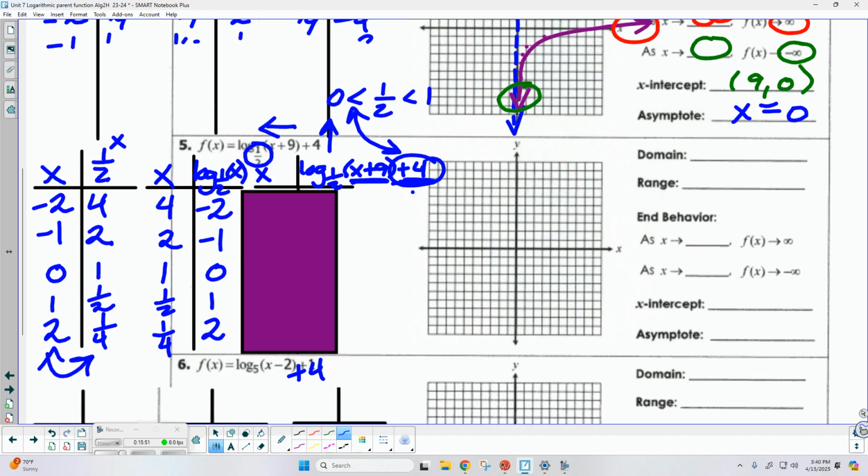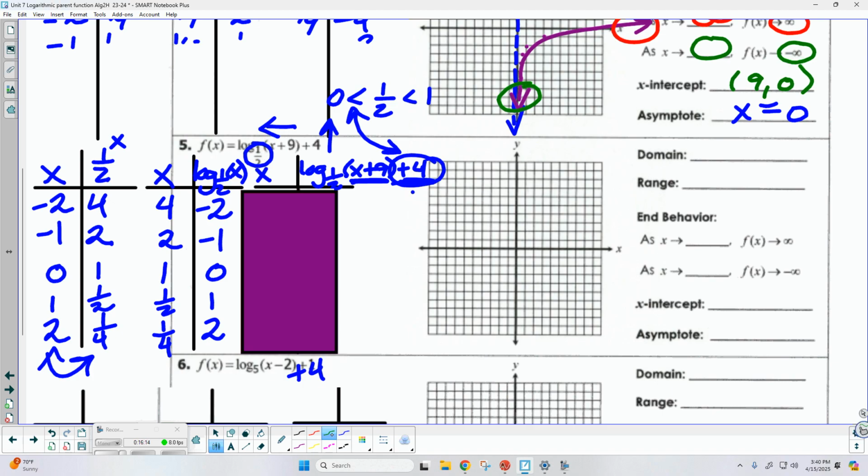So I'll give you a little bit of time to take a look at that. And then I'll go ahead and reveal it, and we'll go from there. Now, at the very least, you told me we're going to go ahead and shift this 9 left, so I'm going to go ahead and start getting my graph ready. That means the asymptote, if it started at 0, where is it now?